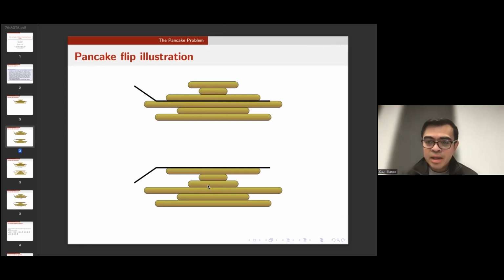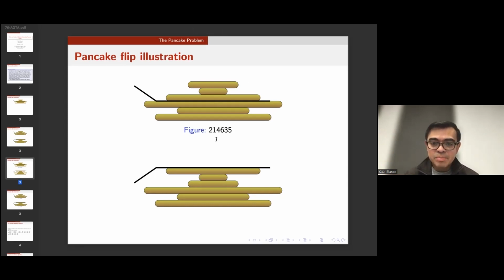flipped. Of course, we need some kind of notation, because you can't easily ask a computer to think of a stack of pancakes. So instead we will use permutations, because all the pancakes have different sizes, so you can represent the stack using a permutation.